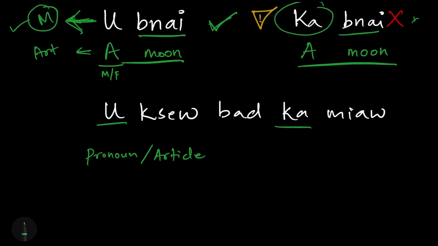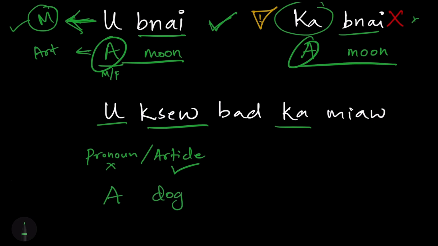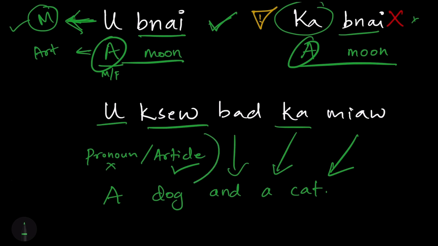So I think you know the answer because we have seen it already. U kso means definitely it is an article here, not a pronoun. So u kso means a dog, bad in Khasi is and, a conjunction, and ka miau, a cat. Miau is meow, kso is dog, and u is actually a.